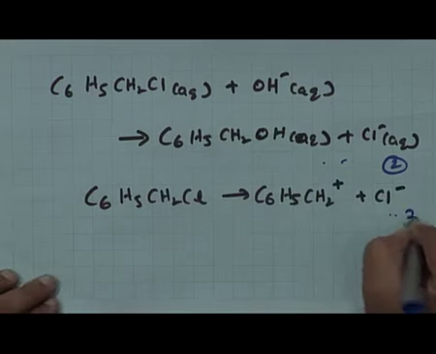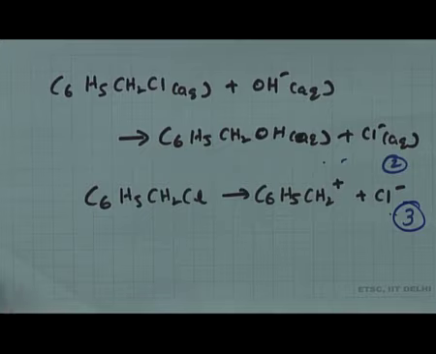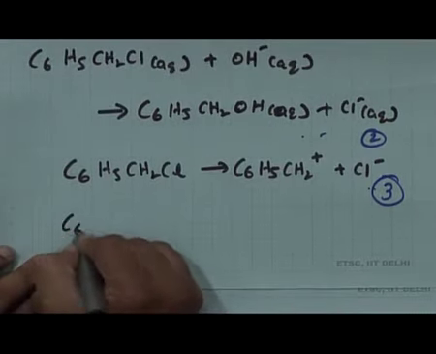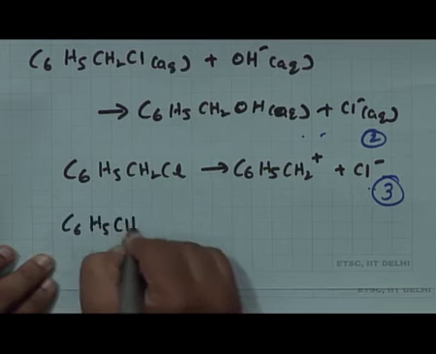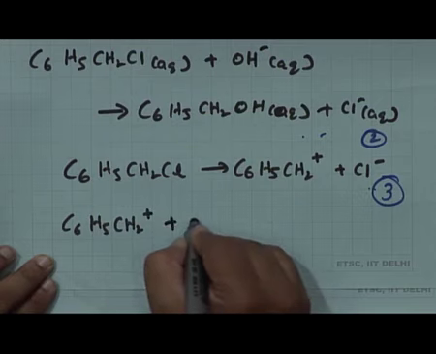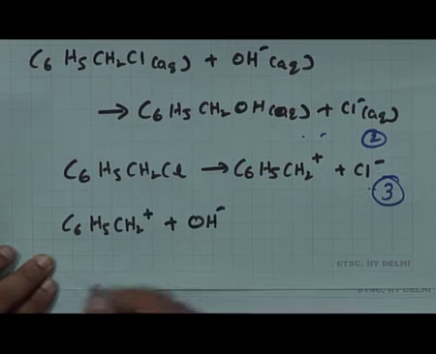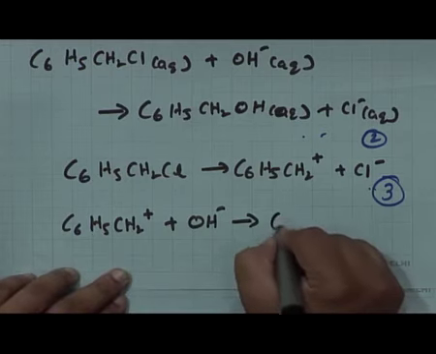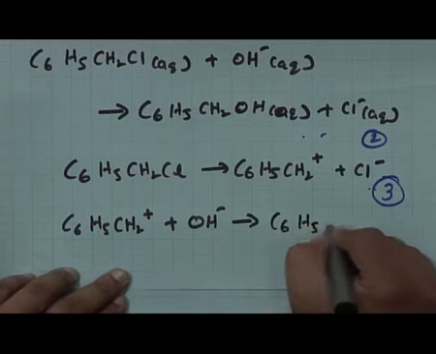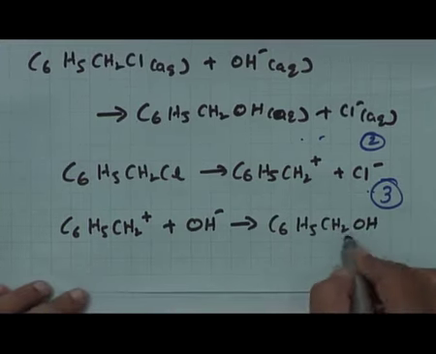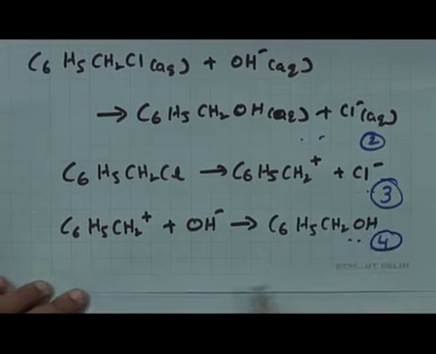Say this is reaction 3. The next step is C6H5CH2 plus OH minus giving you C6H5CH2OH. This is 4.